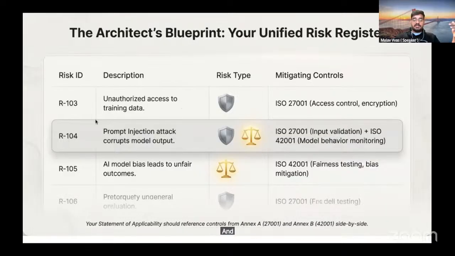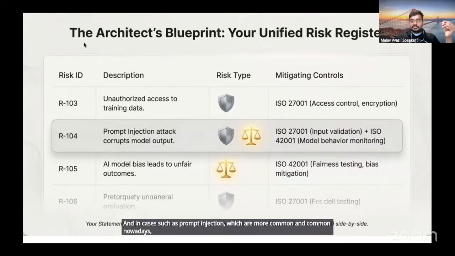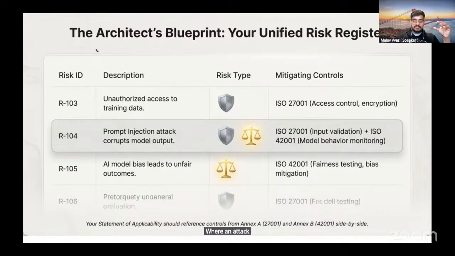And in cases such as prompt injection, which are more common nowadays, an attacker goes inside a system and modifies the instructions to the AI model, which will corrupt the model output. This is a case where both standards should get together and cover the situation.